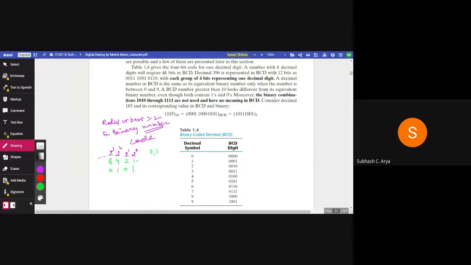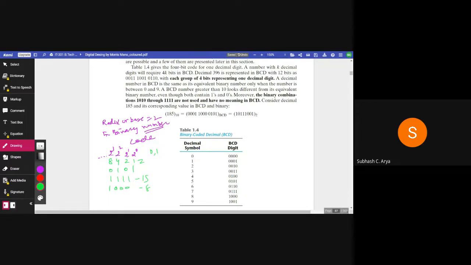Suppose I want to write here 15. So how can we write 8 plus 4, 12, 12 plus 2 will be 14, plus 1, 15. It means if all are 1, then it becomes 15. Is it okay? I want to write only 8. So 8 position will be 1 and rest will be 0.